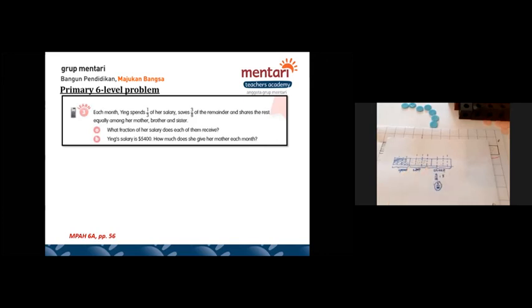And because we know that she saves 3/8 of the remainder, I have to divide the remaining 2 parts into 8 equal parts. That's where this dotted line came. I divided that, and then that's the amount I saved, 3/8. And then the remaining amount would be 5/12 now, because I now divided the whole set into 12 equal parts.